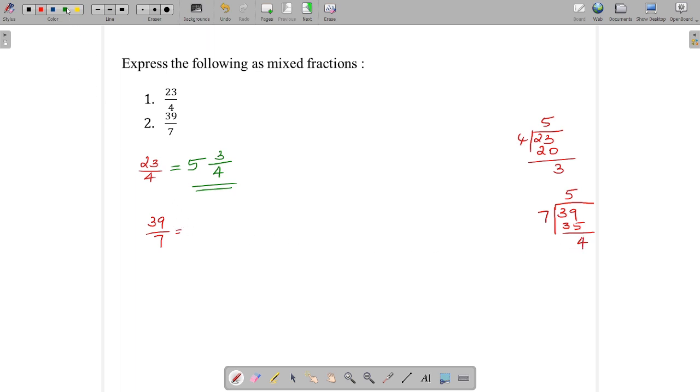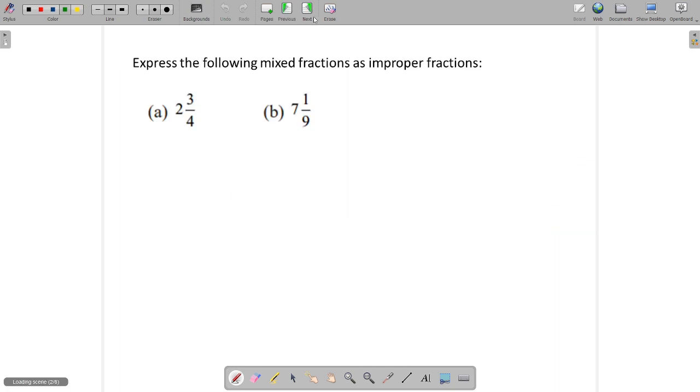Now, the remainder is 4. So the answer is, we write the whole number part 5, the remainder 4, the divisor 7. So 5 4/7. So this is the way of expressing improper fractions as mixed fractions.